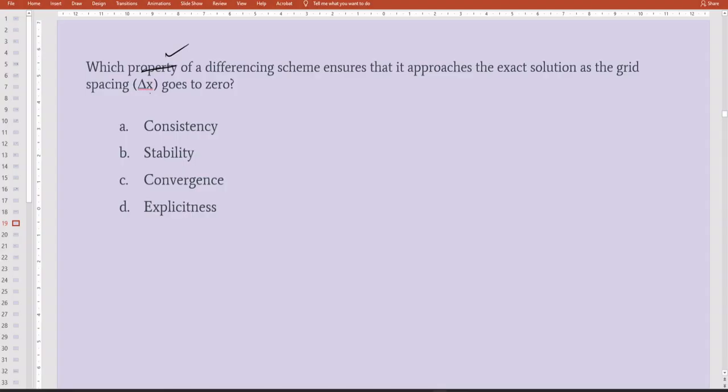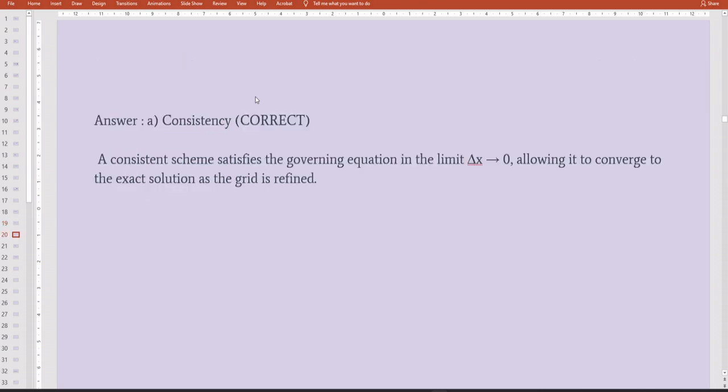Yes, you are right. The answer is consistency, option A, because we have discussed consistency earlier. Consistency means the agreement between the discretized equations and the partial differential equations.